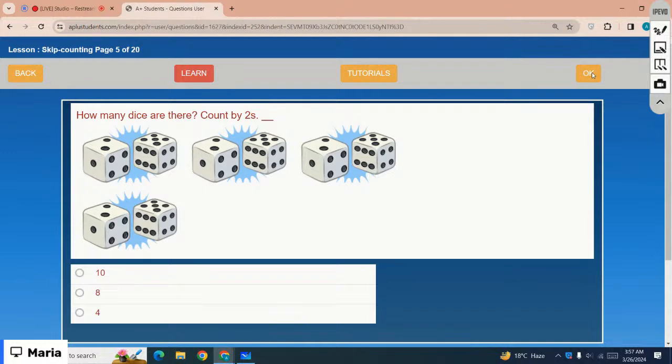You have 2, 4, 6, and 8. Yes, there are 8 dice. The correct option is 8, right?